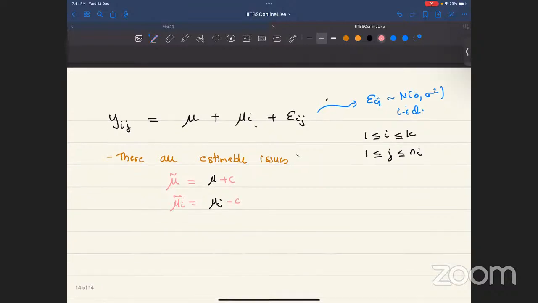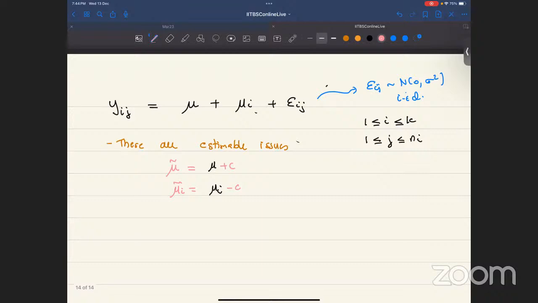Then I can write y_ij tilde as mu tilde plus mu_i tilde plus the same epsilon_ij that I had before. So this model is star plus, and the original is star.